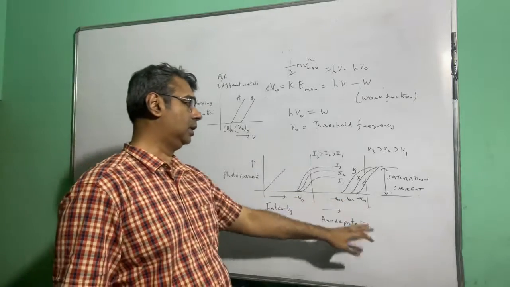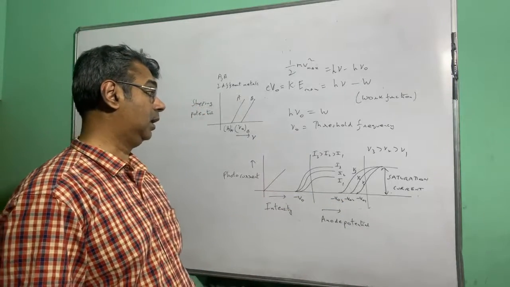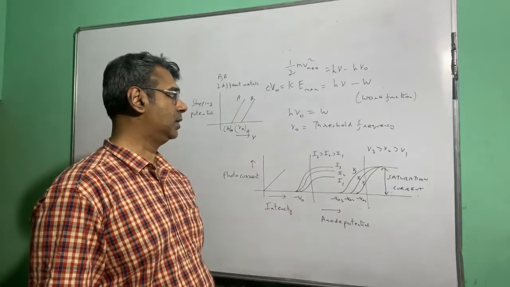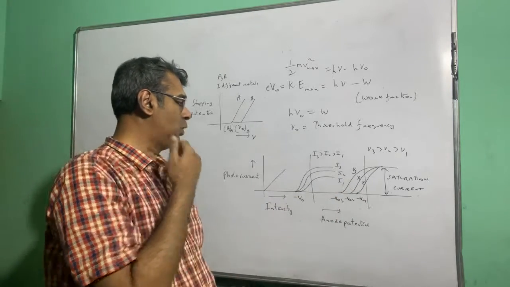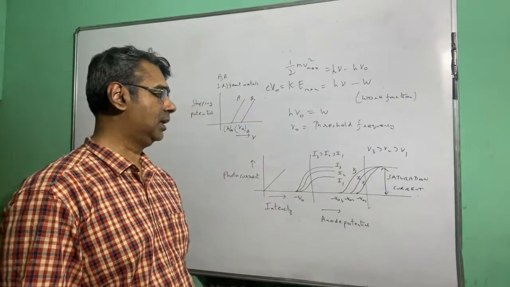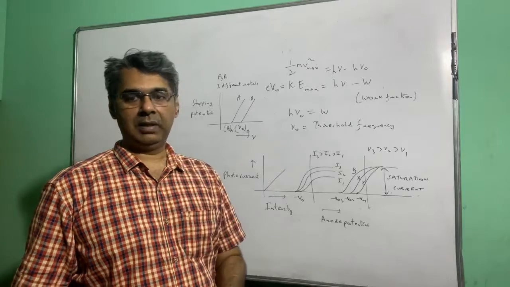Now coming to the third graph. In the third graph, the frequency nu3 is the highest and nu1 is the least. And you can see here that for all three frequencies, the saturation current is the same. So now we have understood this.